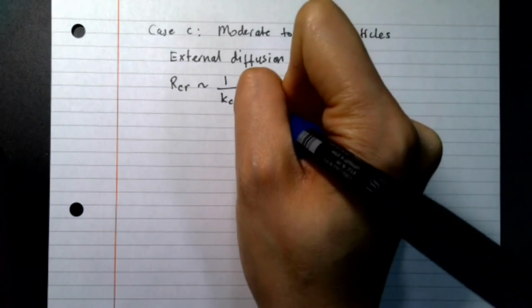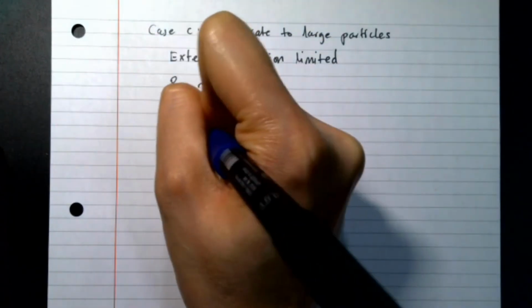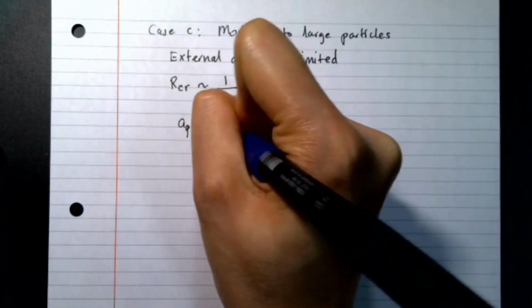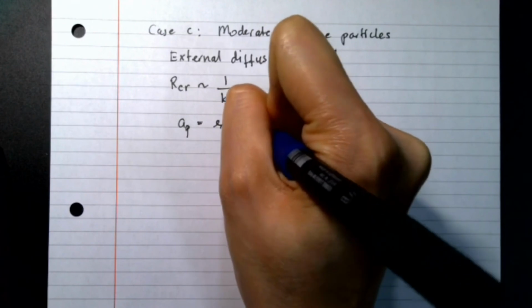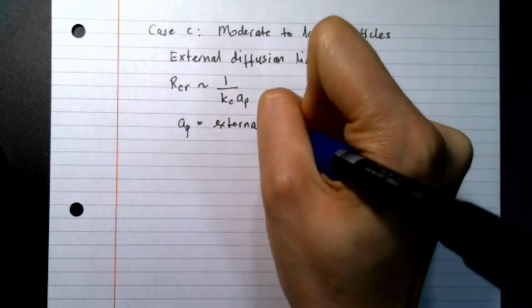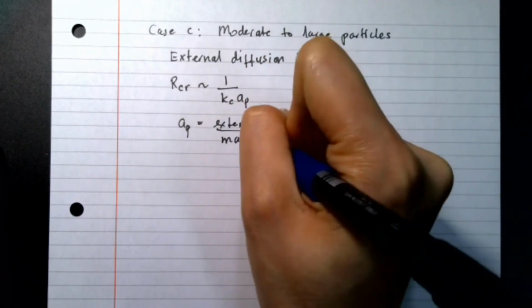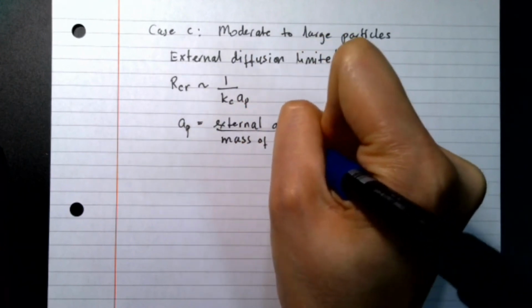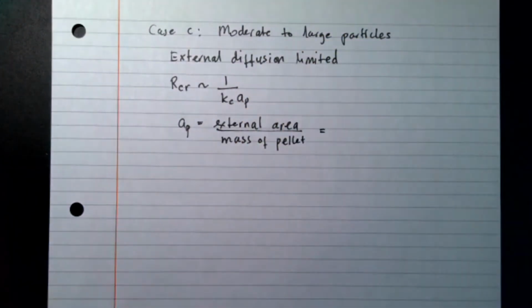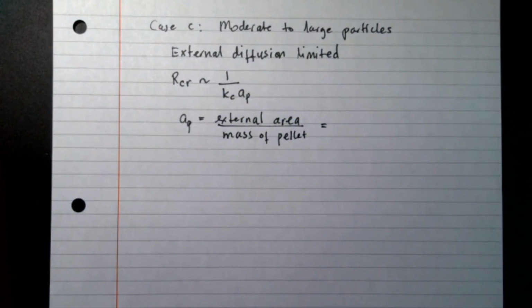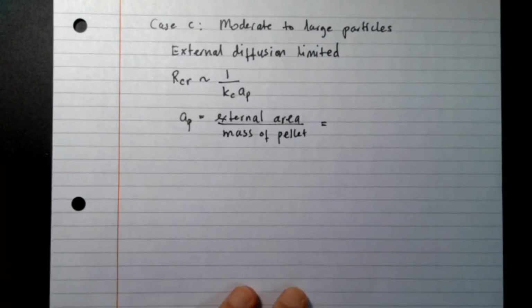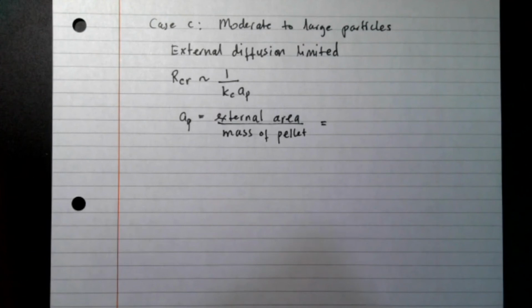So we can easily work out AP. So AP is the external area of the pellet divided by the mass of the pellet. The external area of our catalyst pellet. Okay, so we assumed it to be spherical in shape.